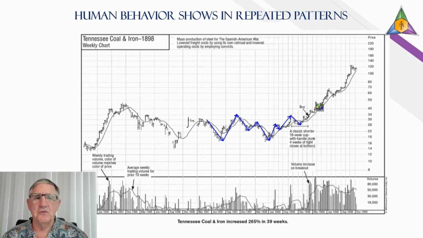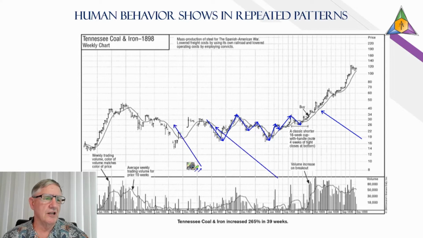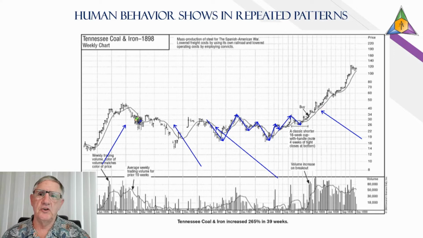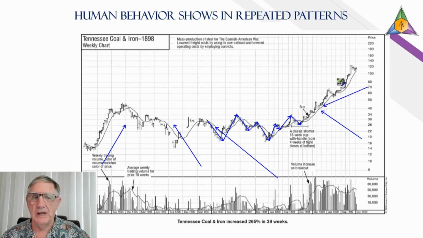And what makes it very interesting is that this chart pattern was not produced by computers, because they didn't have computers back in 1898 that would give you these really beautiful charts. If they were drawing the charts, they'd have to do it by hand. But isn't it interesting that it's the same underlying human behavior that drives the price action?